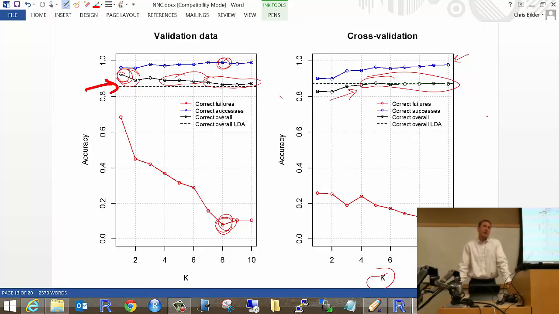With the original data set, that's about 0.89. So to use a mathematical term, you can see convergence to the overall proportion of successes and failures that actually exists in your data set. And this will happen with any data set.